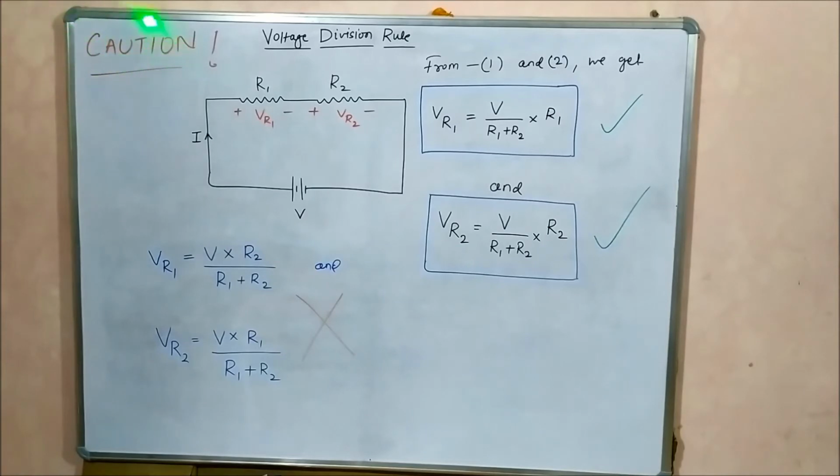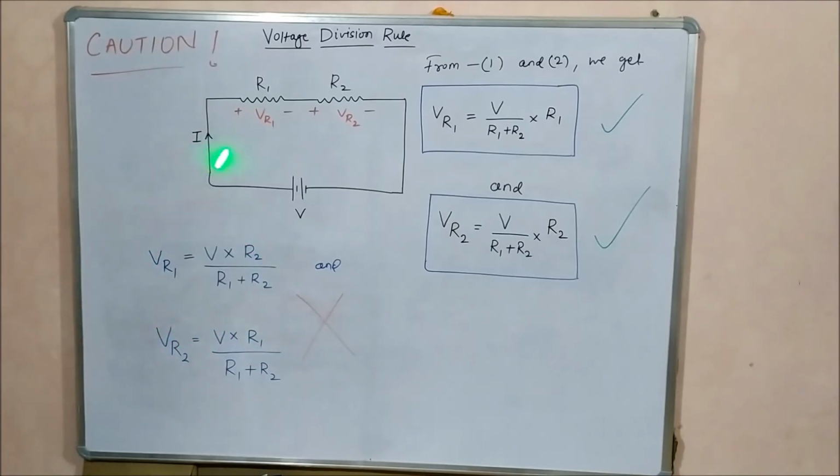Another very important thing related to the voltage division rule, where mostly mistakes happen while applying it, is that students confuse the voltage division rule with the current division rule and the current division rule with the voltage division rule, which I have already mentioned in the current division rule video also. It is very easy to make this mistake while applying the formula for the voltage drop across R1 and R2.